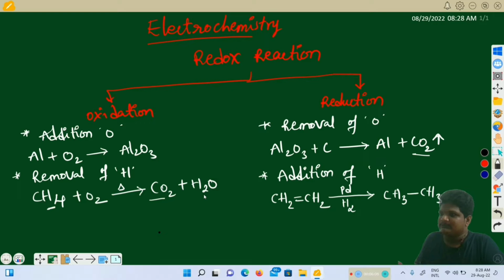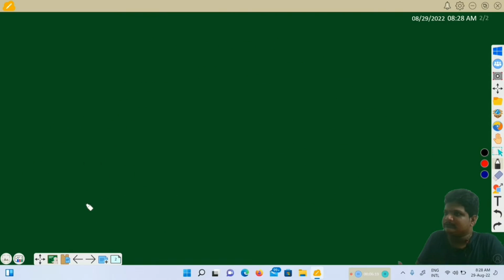Now in electrochemistry, we use another two definitions to define oxidation and reduction. That is removal of electrons. Removal of electrons is also called oxidation.